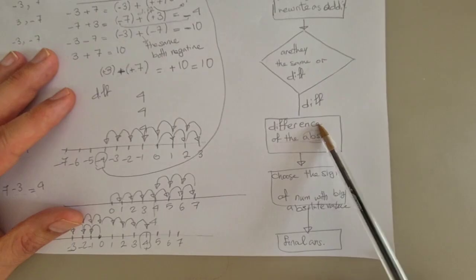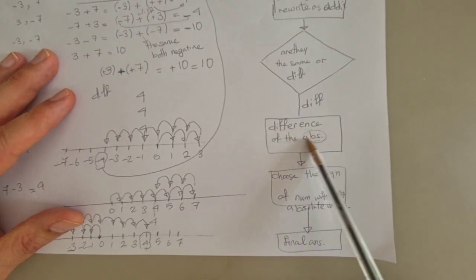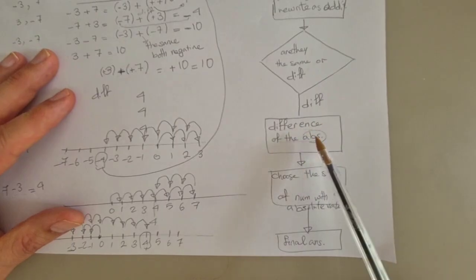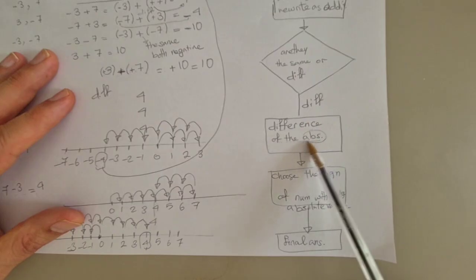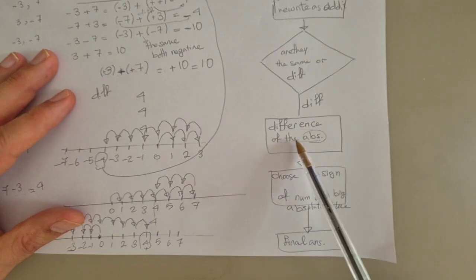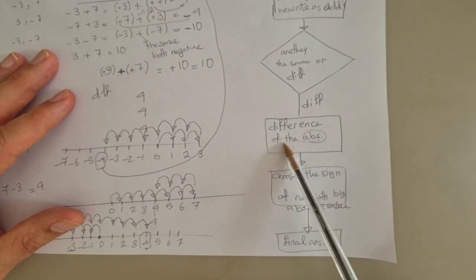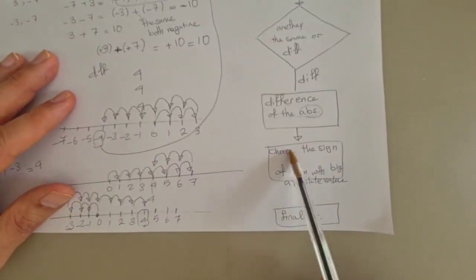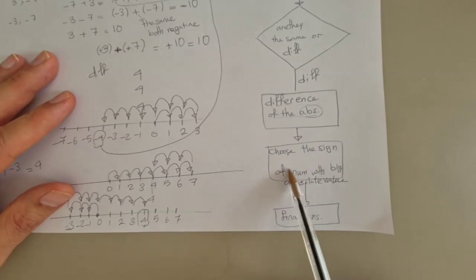If they're different sign, we calculate the difference between absolute values, meaning the difference of the numbers without considering the sign. Just assume that they're positive and take away the smaller one from the bigger one. And then we need to find the sign of the final answer. The sign of the final answer comes from the sign of the number with bigger absolute value.